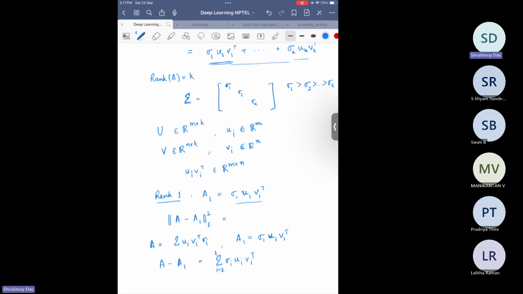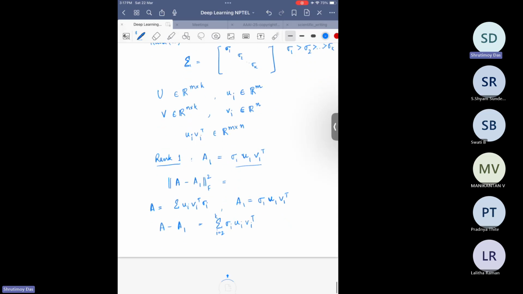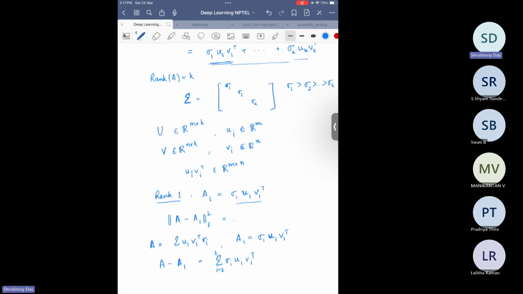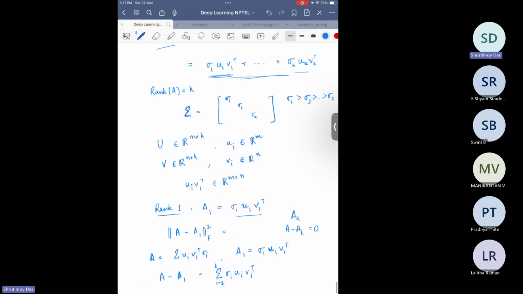So to get a good approximation of A, if you want a rank k approximation, and suppose you want to make A minus Ak equal to 0, that is, you want the exact matrix, then you need to take all of these rank 1 components.